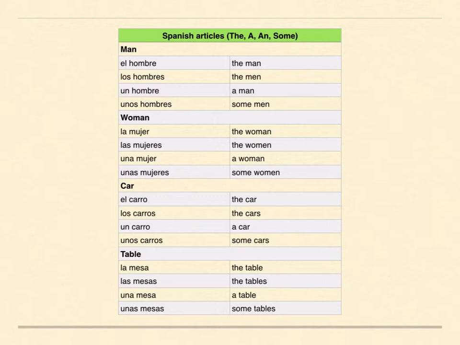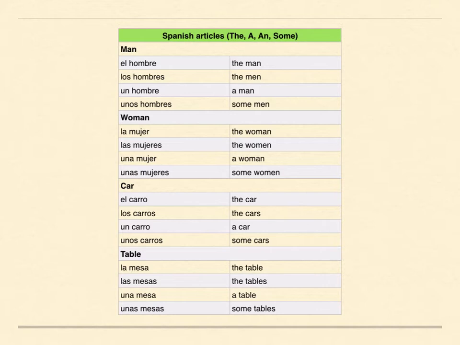Los hombres, the men. Again, we look at hombres, we see that it's masculine, but plural. So we're going to choose the masculine plural form of the word the, which is los. Un hombre, a man. Unos hombres, some men.